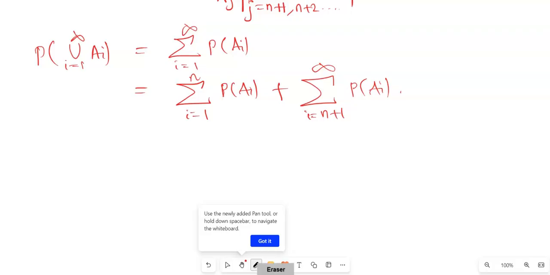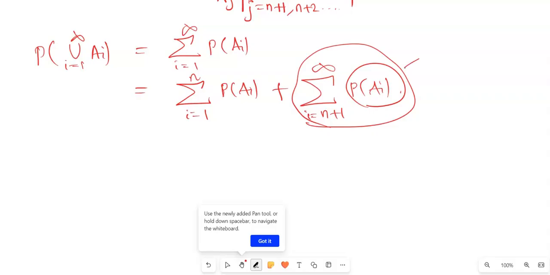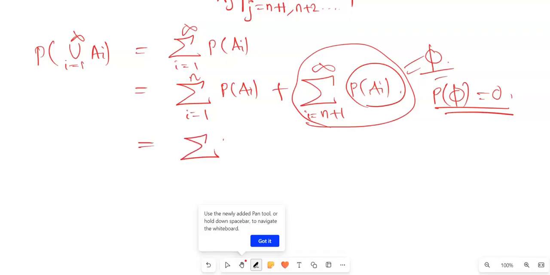As per our consideration, we have assumed that these Ai are null. By this assumption, we can say, as we saw in the previous lecture, that P of phi is nothing but 0. Hence, we can write the summation of P of Ai, i is equal to 1 to n.